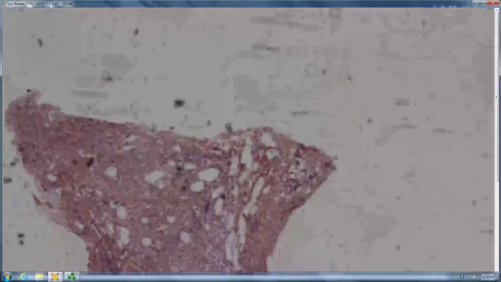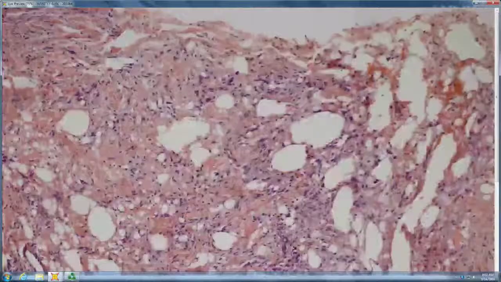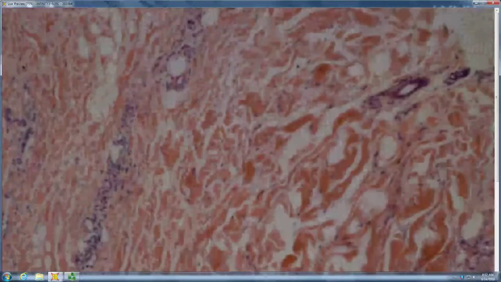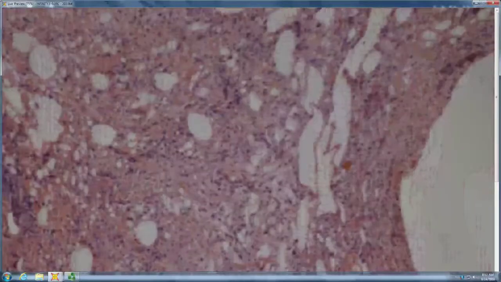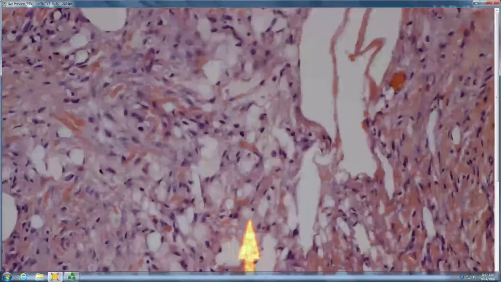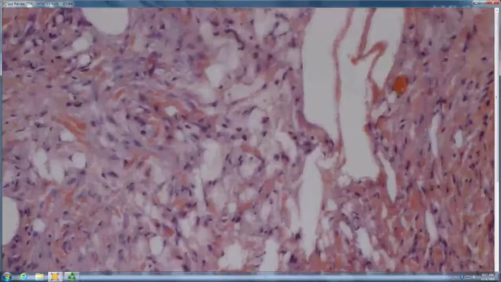Looks like you got a little bit of unhappy fat. They're different sizes, so kind of lobular. And not much above. Got all these little round spaces.